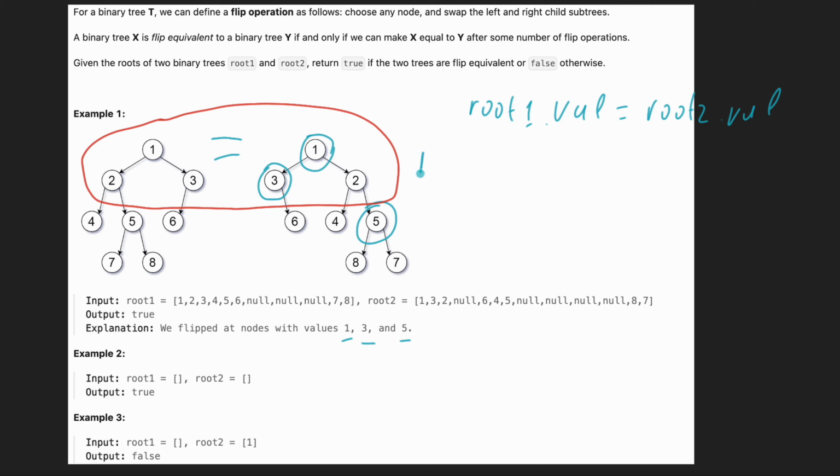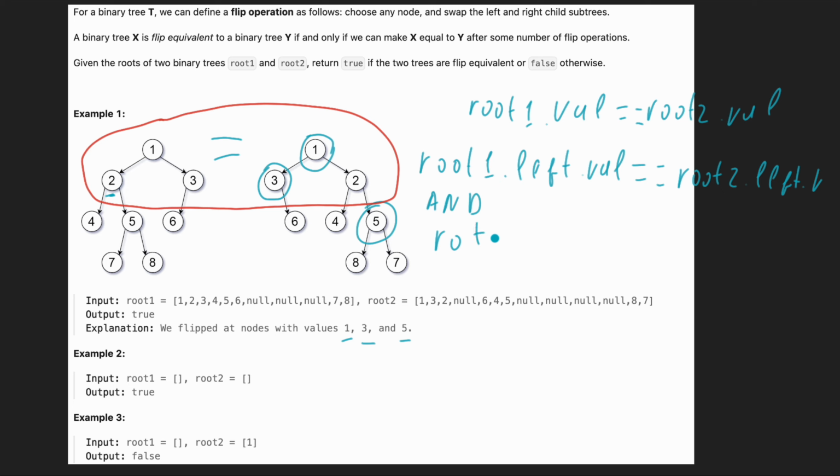The second one is that the root 1 left value should be equal to the root 2 left value, and the root 1 right value should be equal to the root 2 right value.